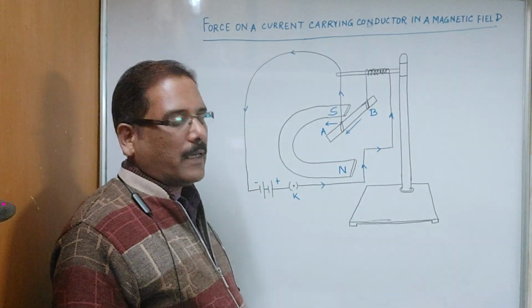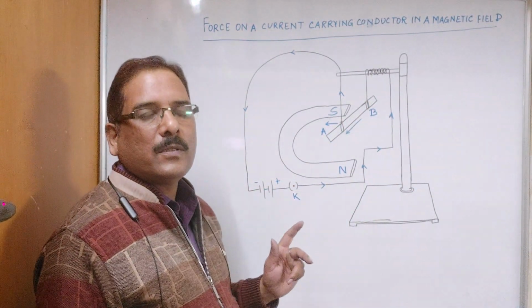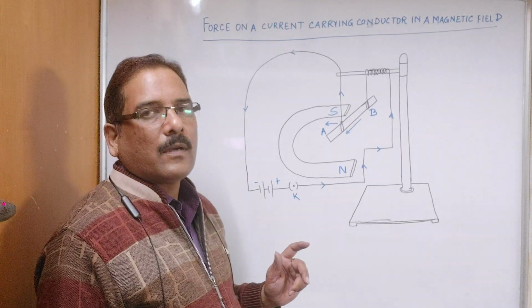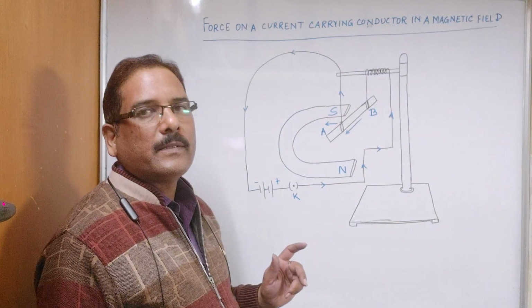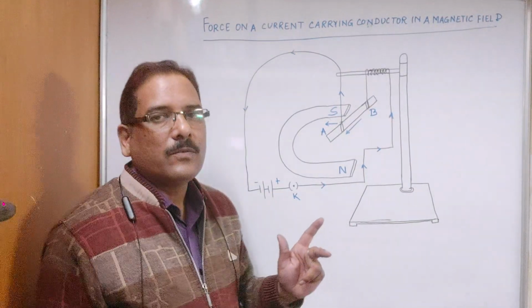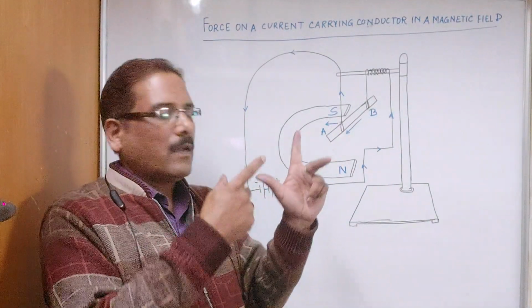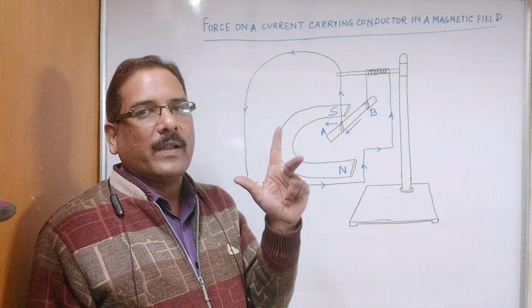So I think it is clear to you. Fleming's left hand rule is used to find out the direction of force when a current carrying conductor is placed in a magnetic field. According to this rule, we stretch our middle finger, forefinger and thumb of the left hand, that's why it is known as the left hand rule.